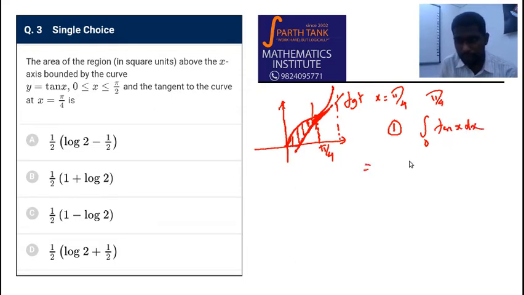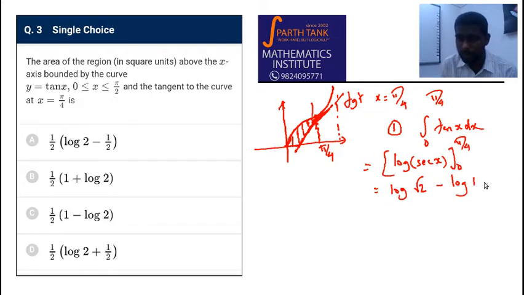Now this gives me a very simple log of secant x expression, 0 to pi by 4. Now secant x for pi by 4 is root 2, minus log of secant 0 is 1. So this is just log root 2. Okay, one part is done.